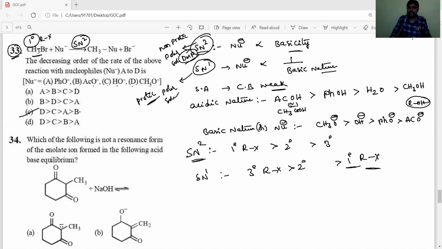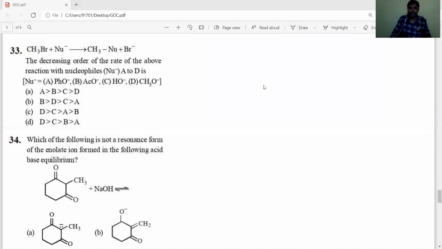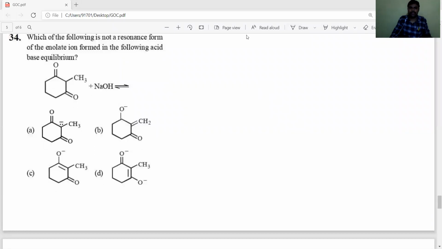Next, let's see question 34, dear students. In the given question, they asked which is not a resonance form of the enolate ion. So in this equation we have to identify which is not the resonance form. This is the base, and this base removes the more acidic proton.